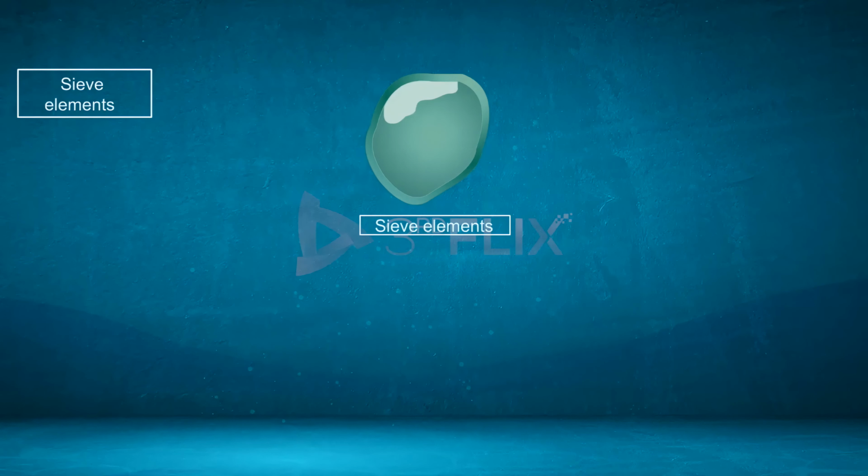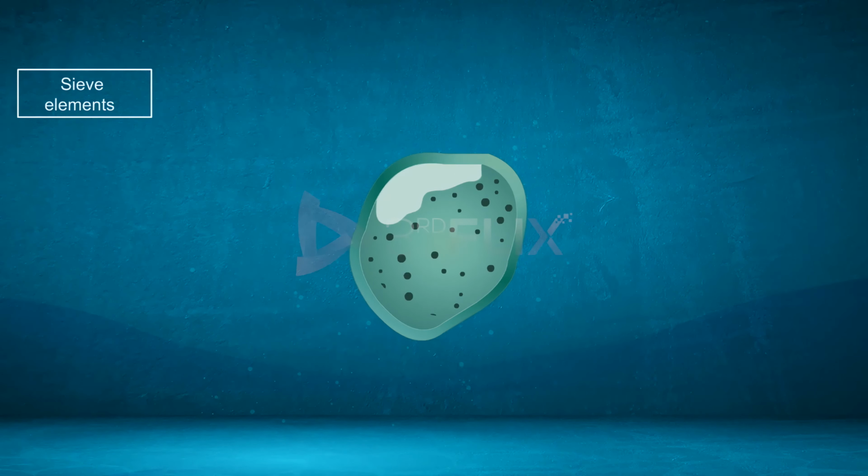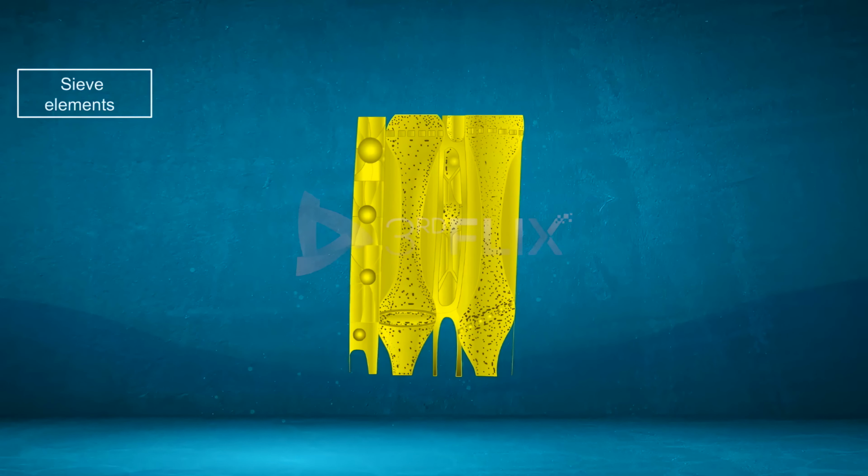Sieve elements may be divided into two types, based on the sieve areas in their cell walls, that is, sieve cells and sieve tube members. Elements with unspecialized sieve areas are the sieve cells, and each sieve area consists of minute pores called sieve pores. Highly specialized sieve areas that are organized into sieve plates are known as sieve tube members.